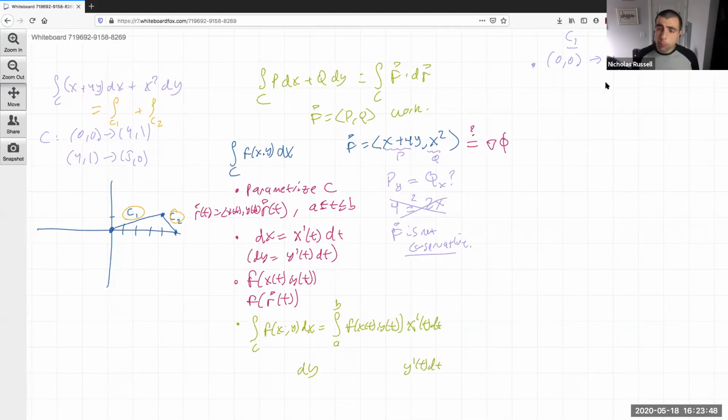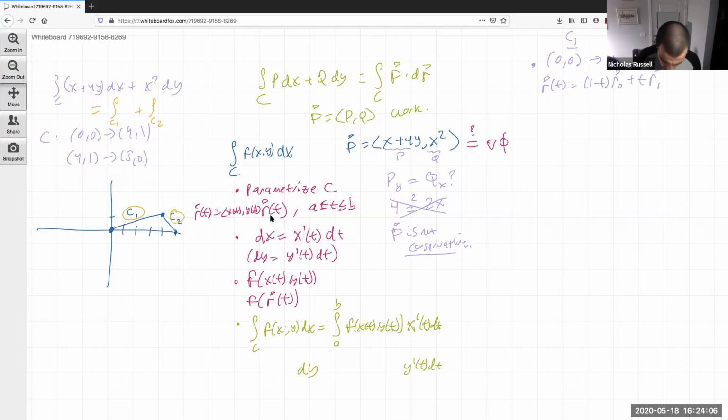And what I'm going to do is create my parameterization as I kind of want to do here. So my parameterization, we know for a line segment, as we just discussed, is r(t) = (1 minus t) times r0 plus t times r1.